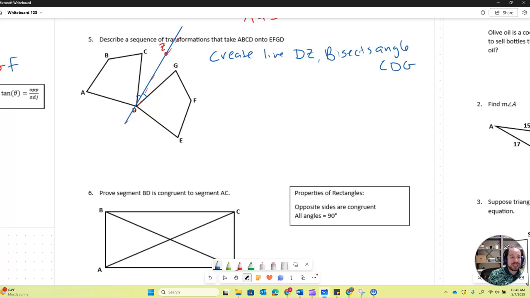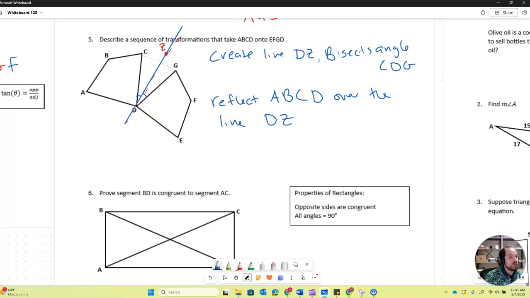So once I have that line created, all I need to do is reflect my polygon, not polynomial, ABCD over the line DZ. And because this is an angle bisector, I know these two distances are the same.